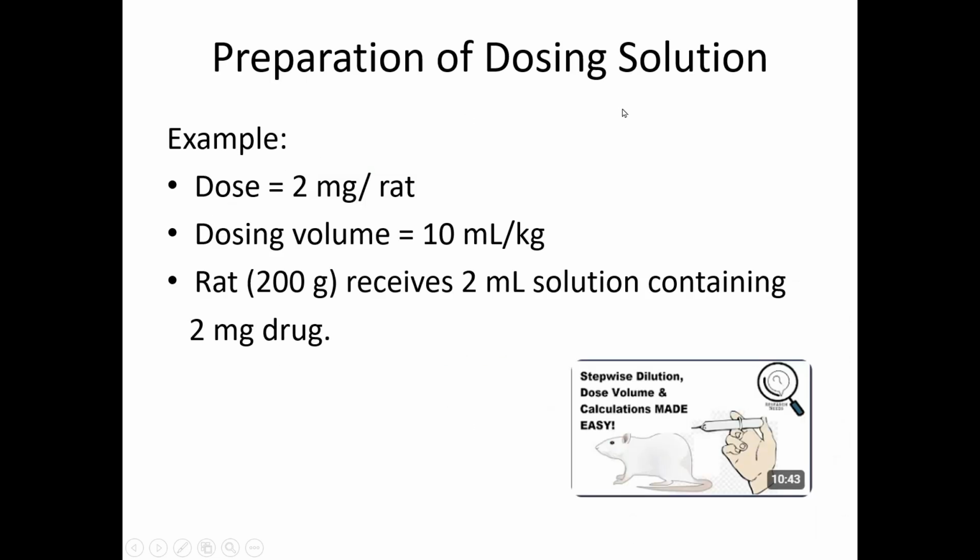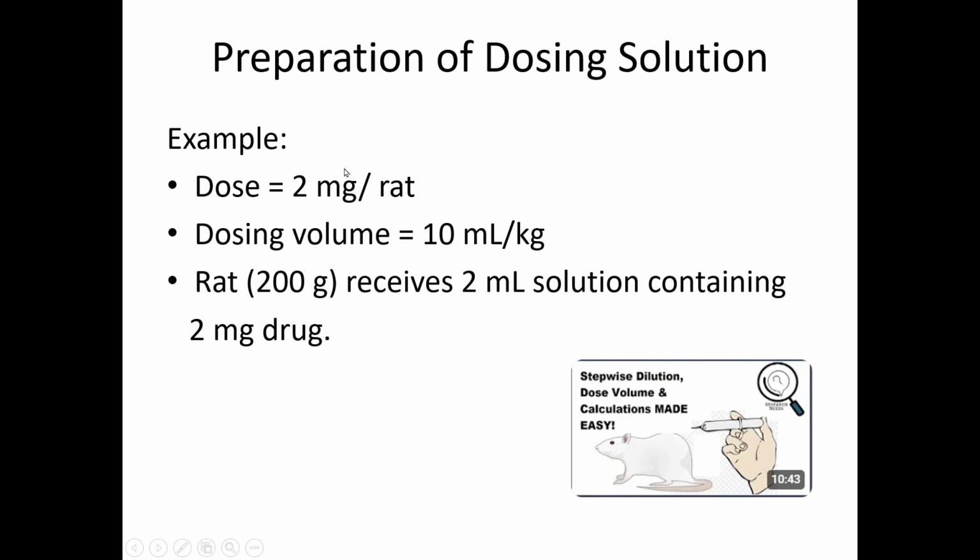So, preparation of dosing solution. Example, dose is 2 mg per rat. Dosing volume will be 10 ml per kg, as per the OECD guidelines, 10 ml per kg for rat dose. So a rat of 200 gram receives 2 ml solution containing 2 mg drug, because 10 ml per kg.